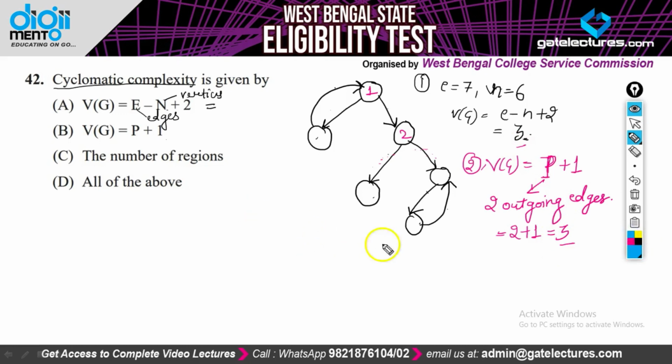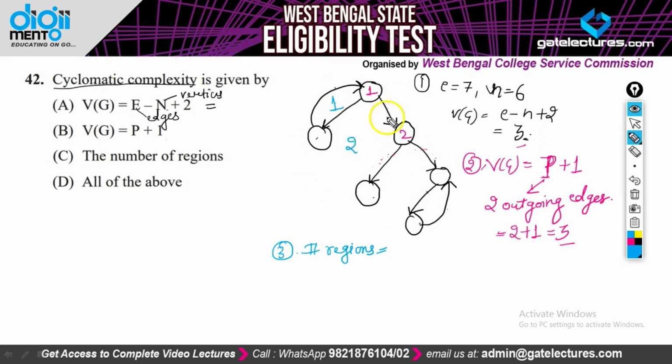Now let's check the next one, the third one. It says the number of regions. Now what are regions? Like this, this is a region. It is enclosed, so it is the first region. This is open, right?